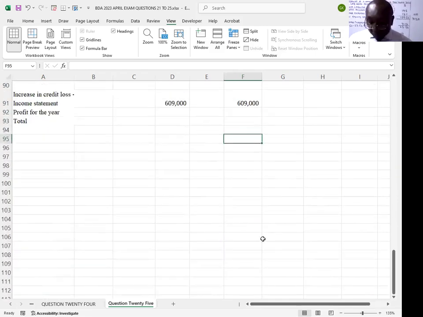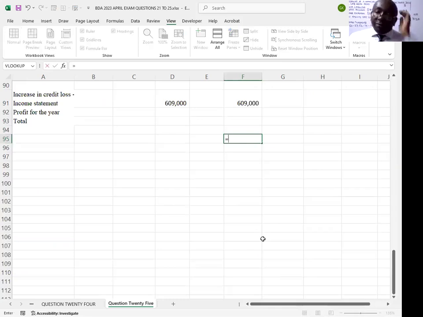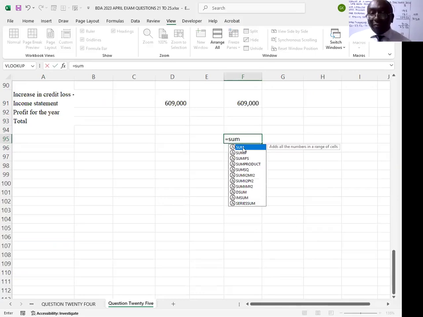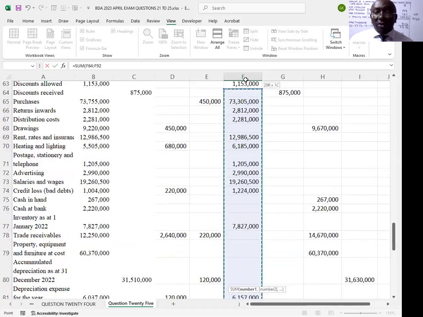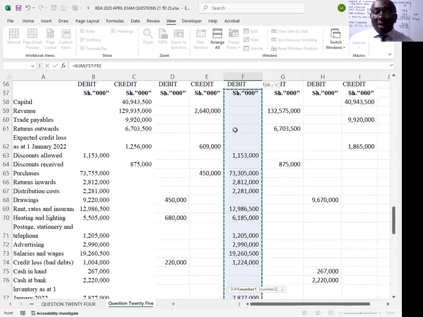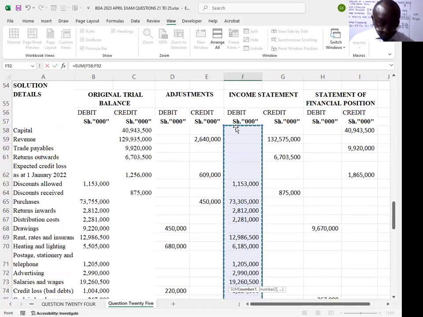So I can just come somewhere here, wherever, and say equals to the sum of. I start by taking these items, starting from here, going up to there. Close the brackets, press enter and give me the answer.